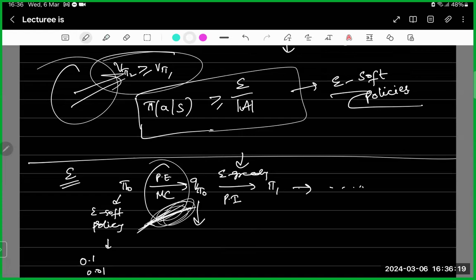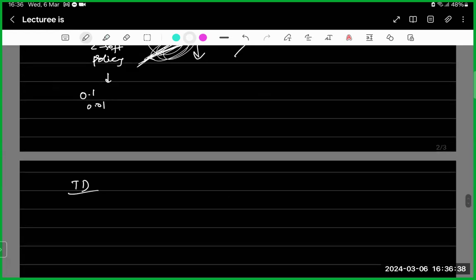Instead of estimating Q pi naught using Monte Carlo, we'll estimate Q pi naught using the TD method. Okay, that's the only change we'll do.